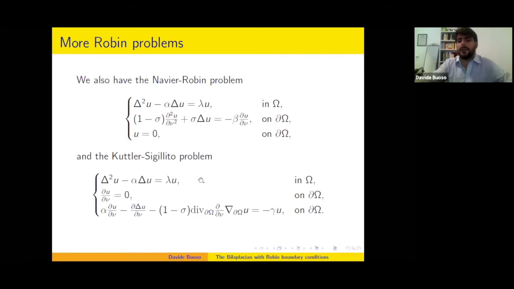They studied actually a very closely related problem, which was of Steklov type, where the equation is 0. You have this equation equals 0, and this gamma here becomes the spectral parameter. So similarly, this Navier-Robin problem is related with what is known as the classical Steklov Bilaplacian, where you have 0 in the equation, and here you have the eigenvalue.